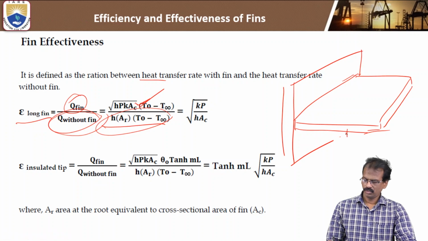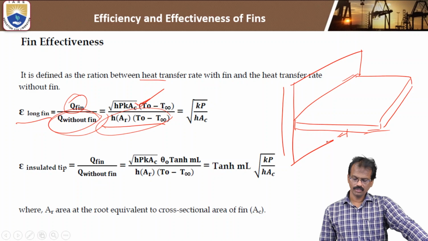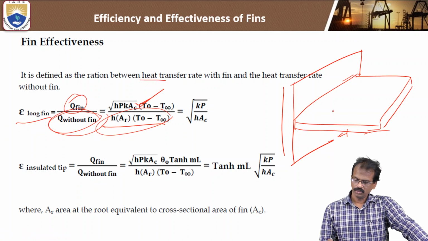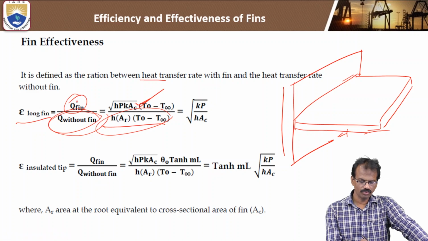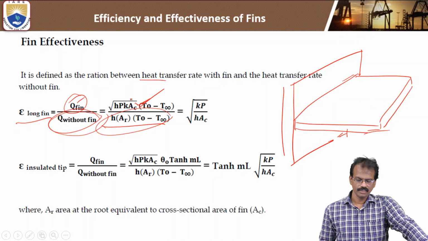So heat transfer rate with fin. This is the fin. Heat transfer rate with fin means Q fin. The formula is under root of hPkA times (theta naught, that is T naught minus T infinity).